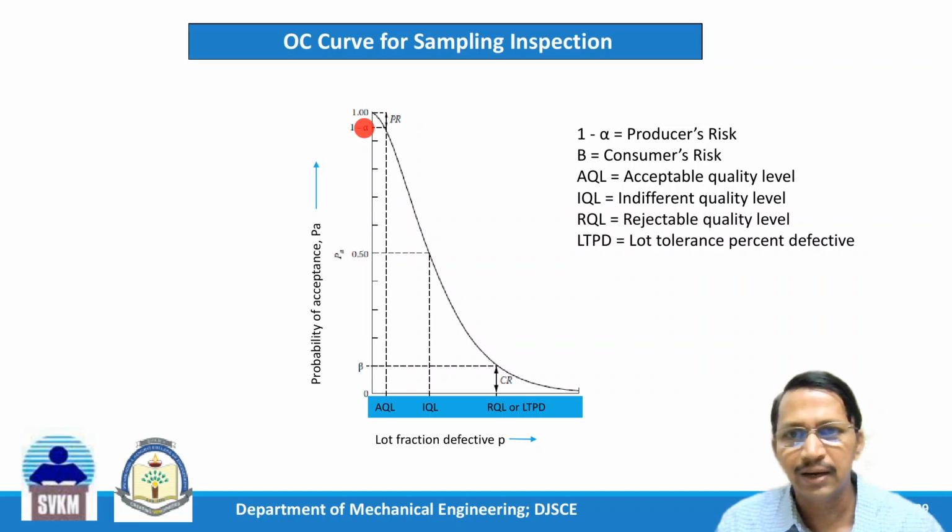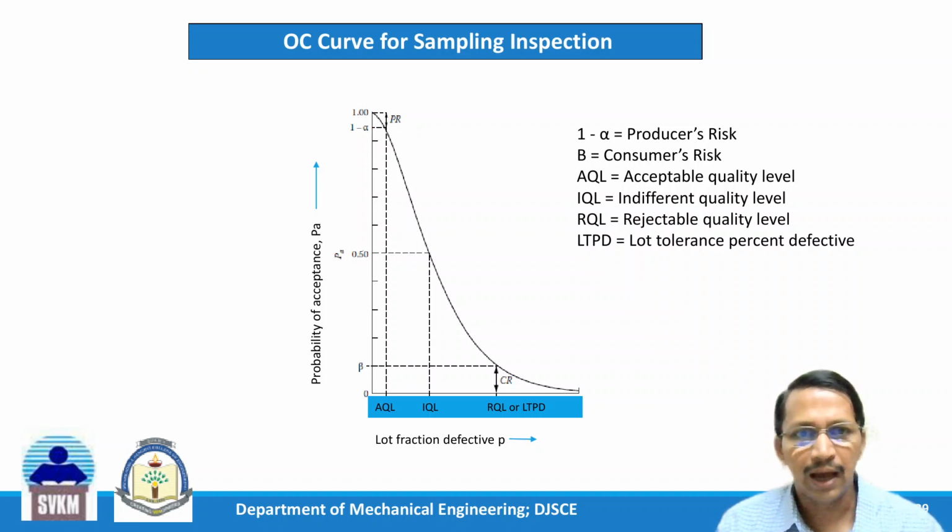It means there are some lots. Suppose this alpha is 5%. So this 1 minus alpha will be 95%. So there are chances that of 100 lots of acceptable quality, only 95 would be accepted, and 5 lots would be rejected because of this probabilistic curve.